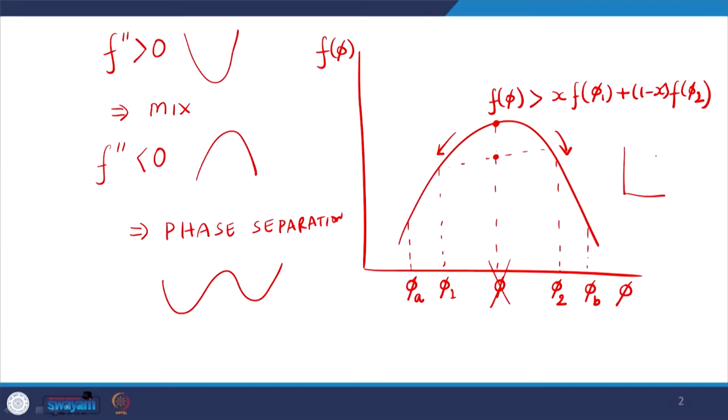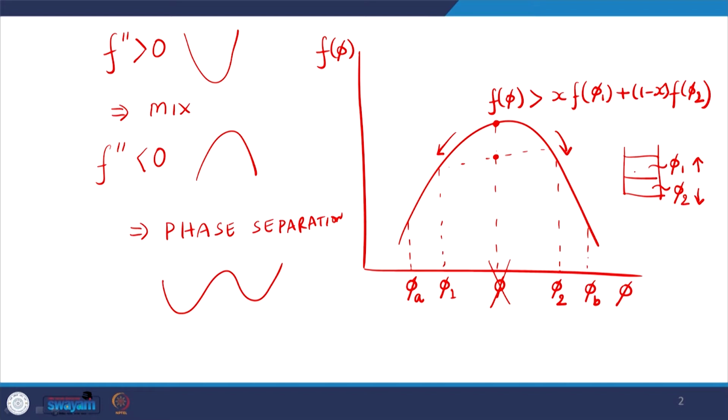Now this is possible because let's say I start with a solution having volume fractions phi 1 and phi 2 in the two phases, now this may increase at the expense of a decrease in phi 2 as solute will go from one phase to the other.